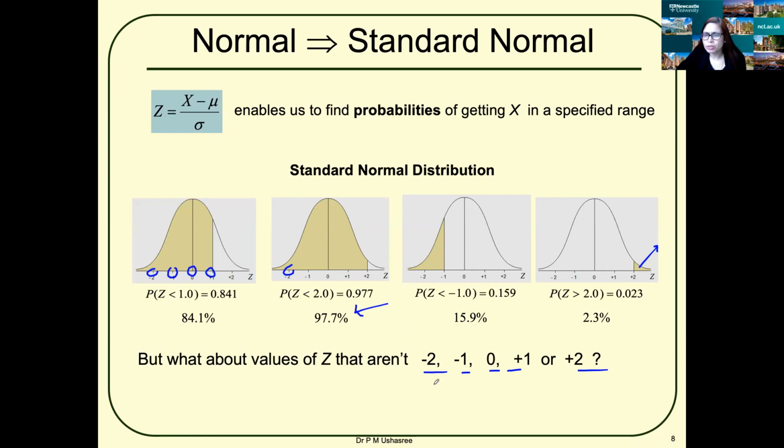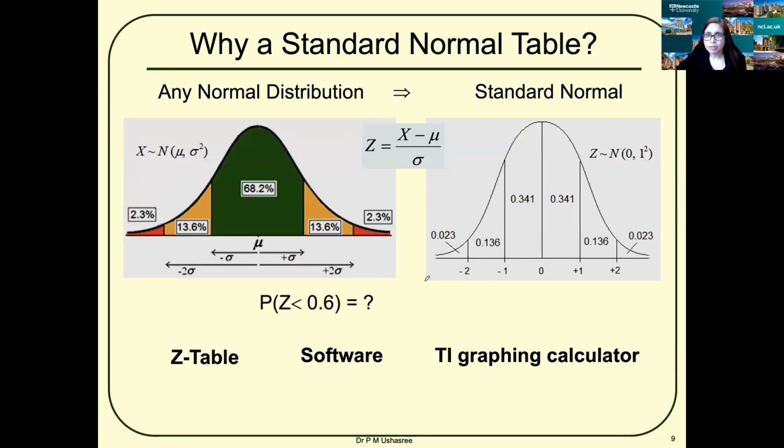But what about the values which are not equal to these values? What if z is equal to 0? The probability of finding z less than 0 should be around 0.5.